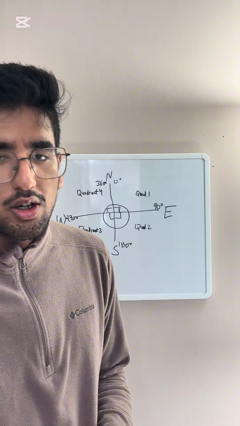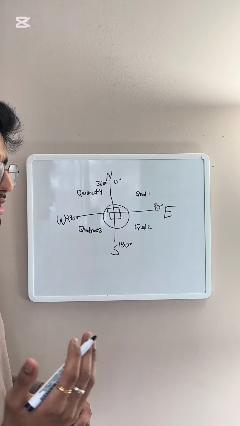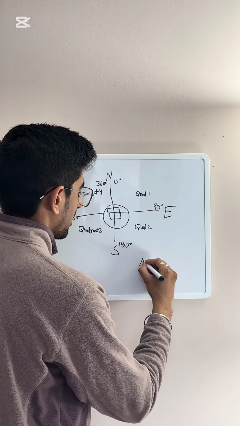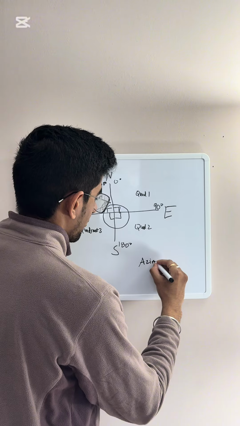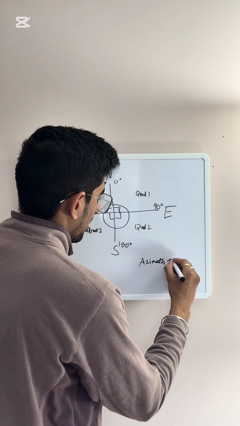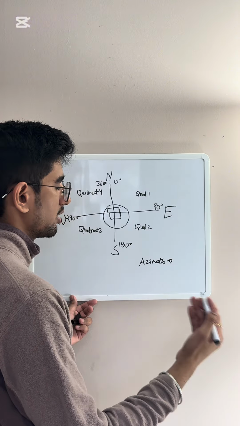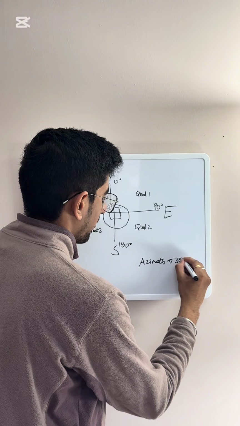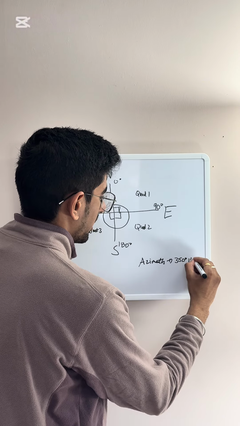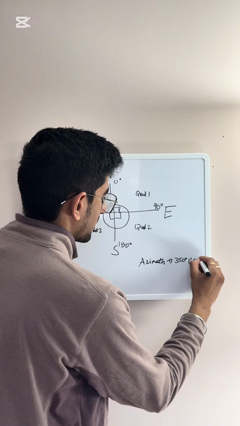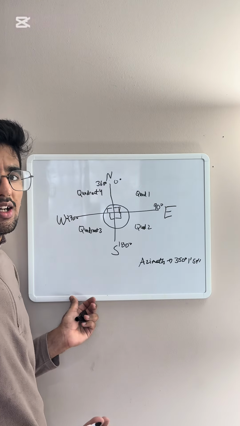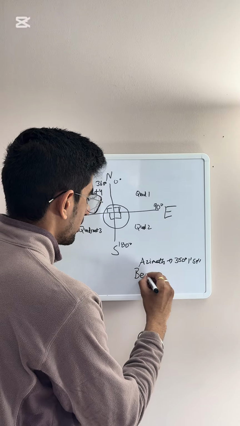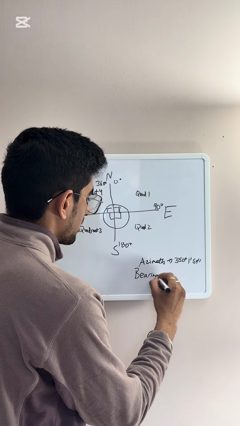Whenever you are denoting an azimuth, it would be just the numbers. There would be no letters. Like say 350 degrees, 1 minute and 59 seconds. But when you are dealing with bearing, there are some things you have to look towards.